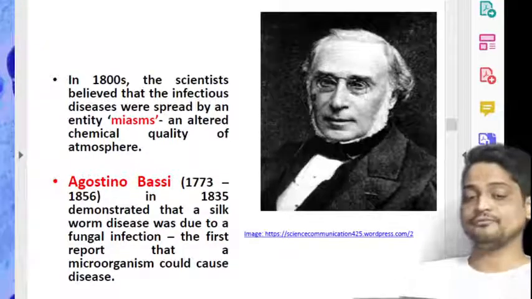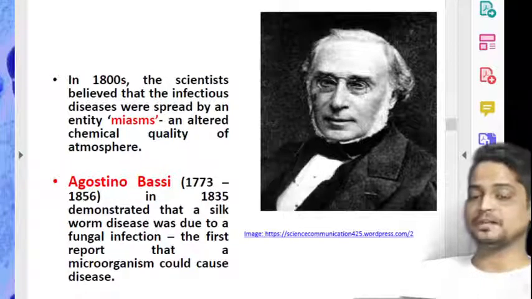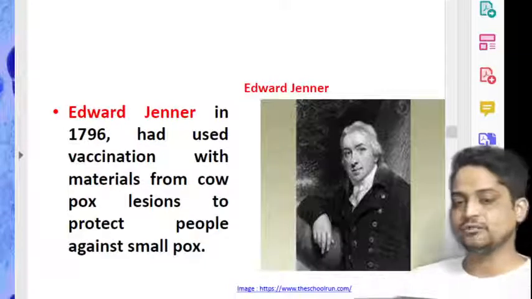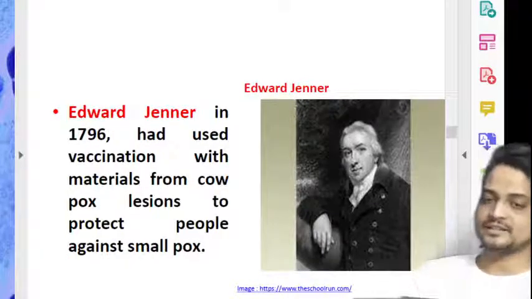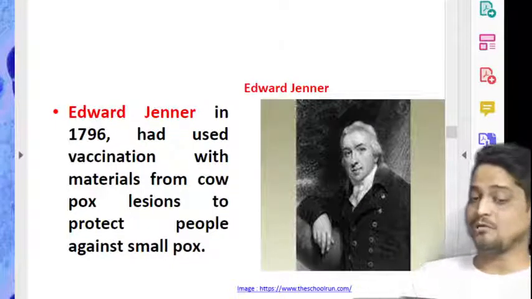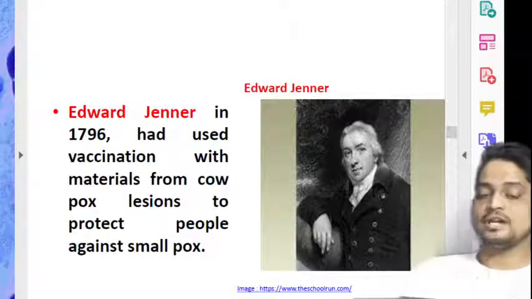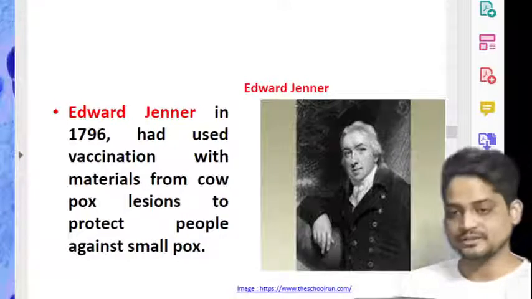So he was very important at that time in telling us that microbes can cause disease. Then Edward Jenner, in 1796, used vaccination with material from cowpox lesions to protect people against smallpox. It was the first vaccine, invented by Edward Jenner.